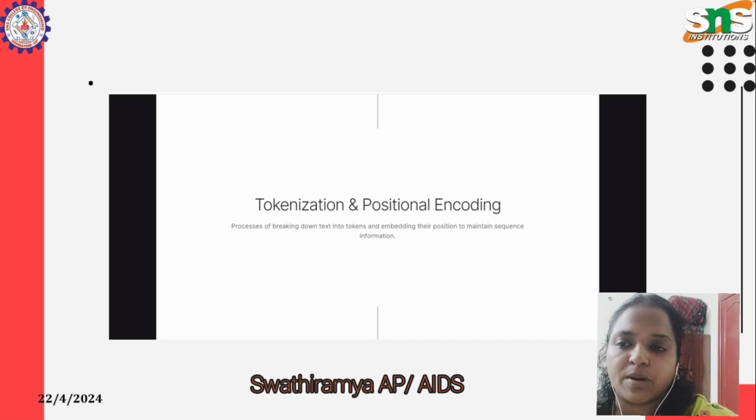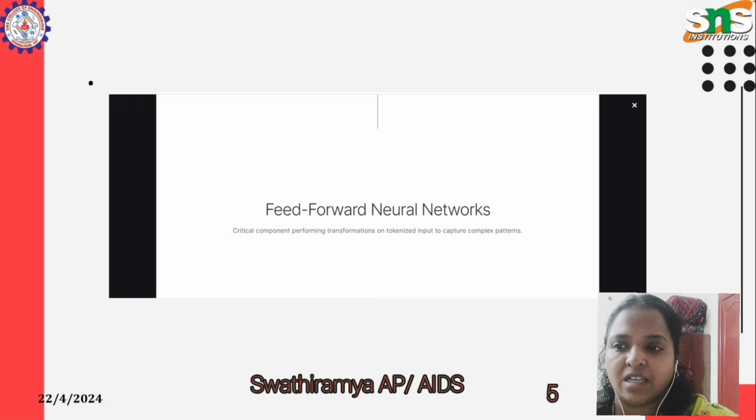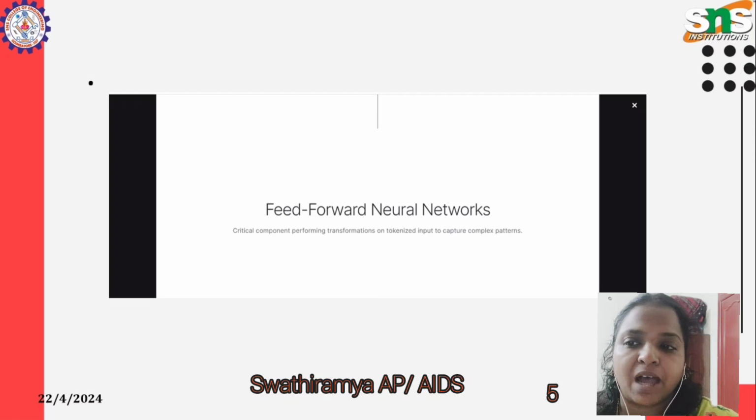Next, the fifth component will be FFNN, that is, feed forward neural networks. Within each encoder and decoder layer of the transformer architecture, we already discussed that in the transformer architecture we do encoding and decoding. Within each encoder and decoder layer, these feed forward neural networks are applied to process the output of the self-attention mechanism.